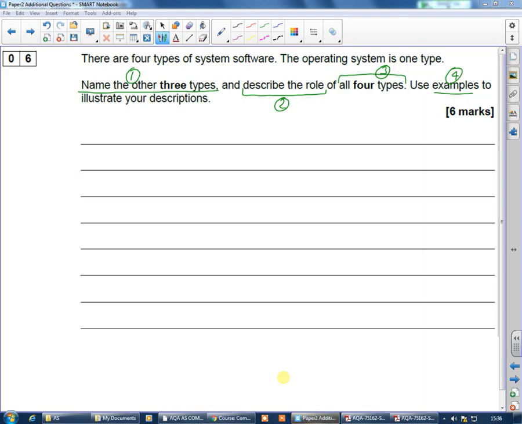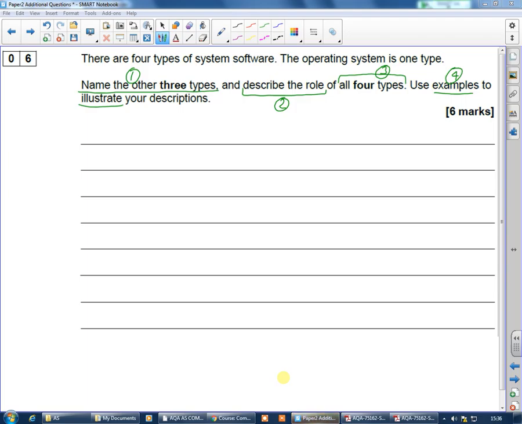So if you're thinking of how to write this, this is the way to write it. So we've got to give the type, we're going to name all 3 types, and then we've got to describe all 4 types. We're using examples, as it says in the question. And the key word here is illustrate, okay? So it's got to make it clear what we're talking about.